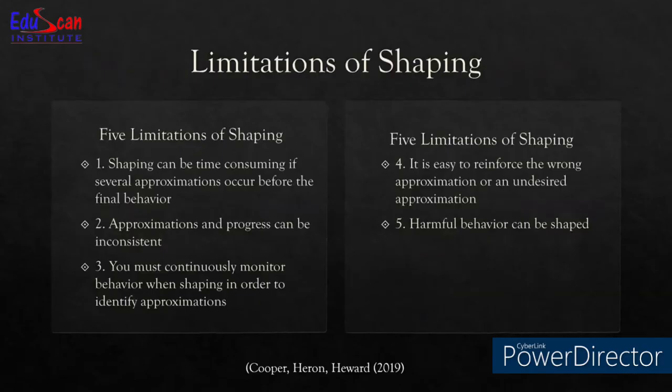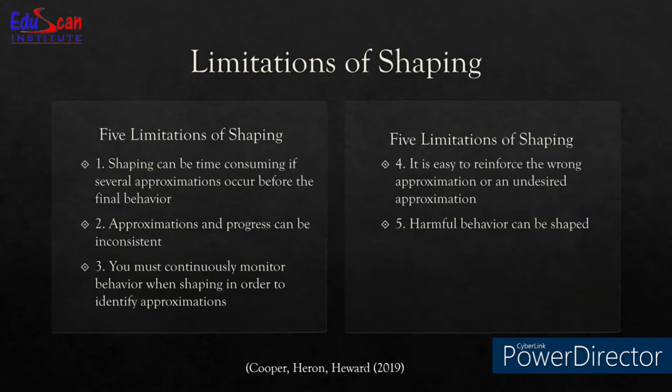Limitations of shaping. Five limitations of shaping. First, shaping can be time consuming if several approximations occur before the final behavior. It takes a lot of time. Second, approximations and progress can be inconsistent. So we can have to and fro, and in turn, it becomes inconsistent.